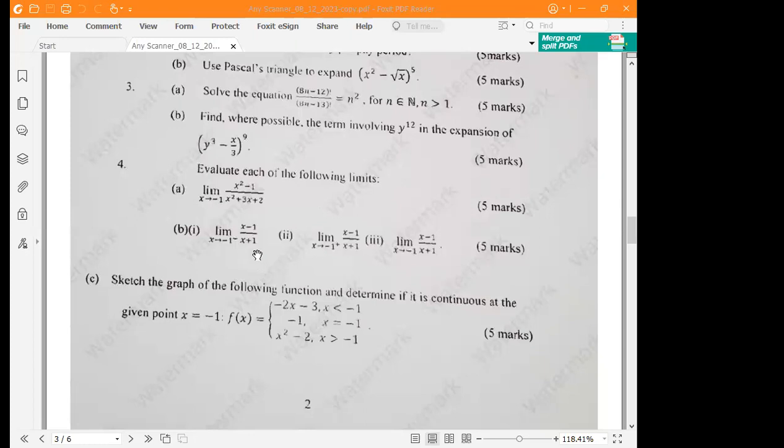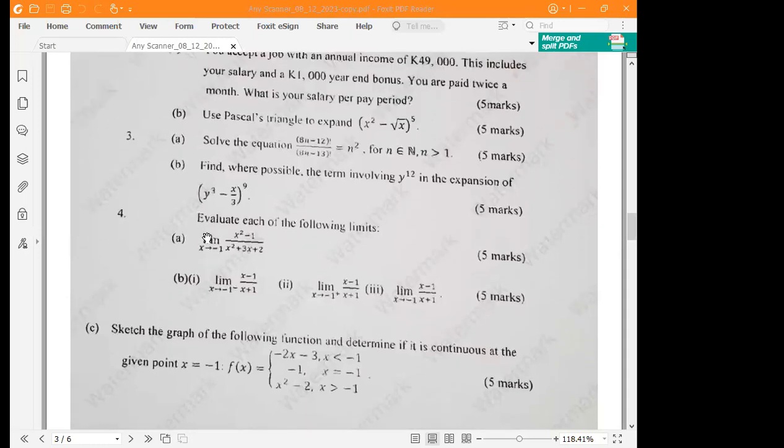Then B1, B2, and B3. So there I use the idea of a graph. If you ask to pick the value of x of minus 1 from the left and from the right, which one do I talk about here?